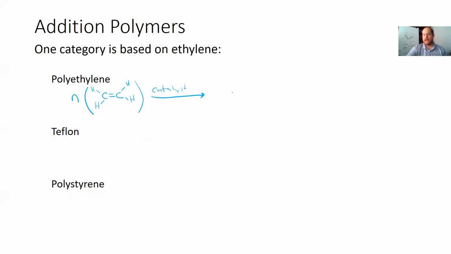What happens is you make a polymer, and this is how we draw out the polymers from here on out. You take these double bonds and open up the double bond, so this carbon will take one of the electrons from the double bond to form a bond with the next carbon of another ethylene, which will form another bond with the next carbon of the ethylene, etc. You make this structure where each of these monomers within the polymer chain has basically opened up its double bond to form a single bond.